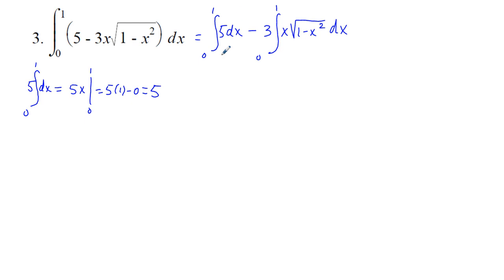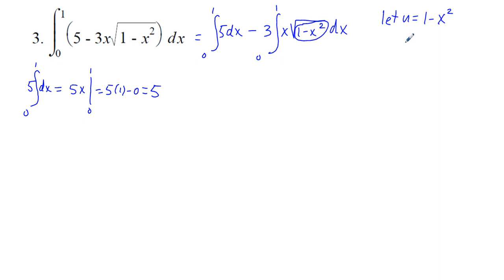So we know this piece here has the value 5. But now we have this other piece, and it's definitely a more complicated integral. For that, I'm going to do a U-substitution. Going back to U-substitution, we're going to say let U equal 1 minus x squared.